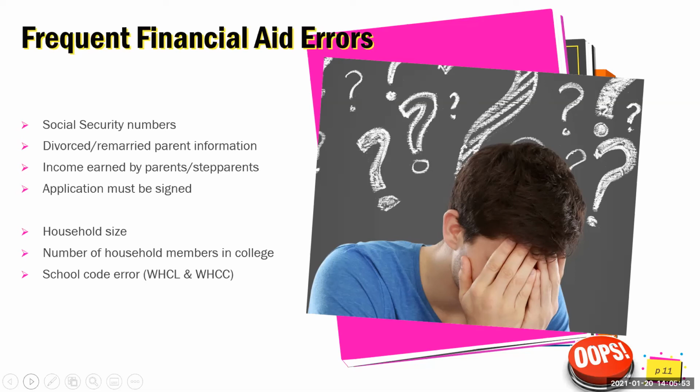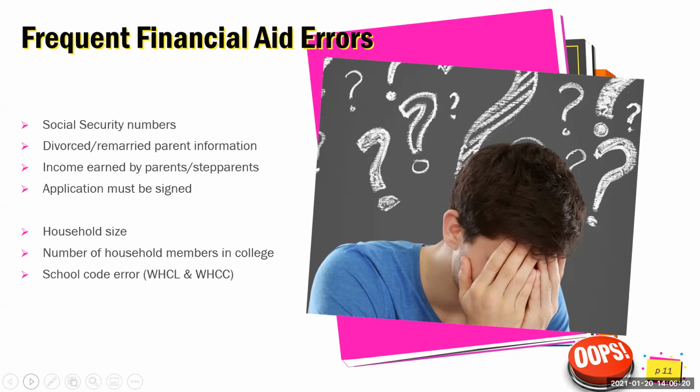Also, when you list that your parents are divorced, say mom remarried and now has a new partner, new spouse, you have to list the mom's spouse's information as well, since they are now in the household with you. So that is one of the questions too. Some of our students miss a lot.